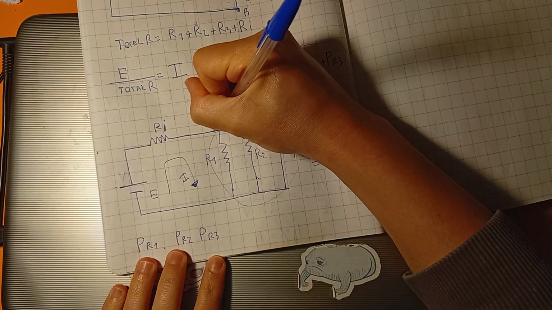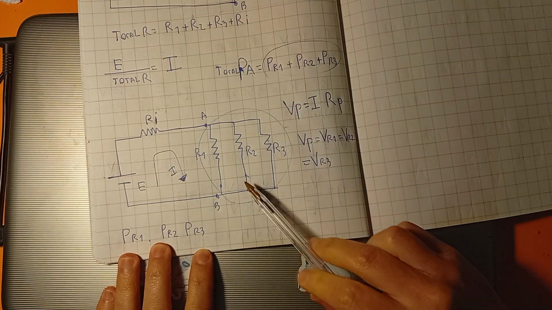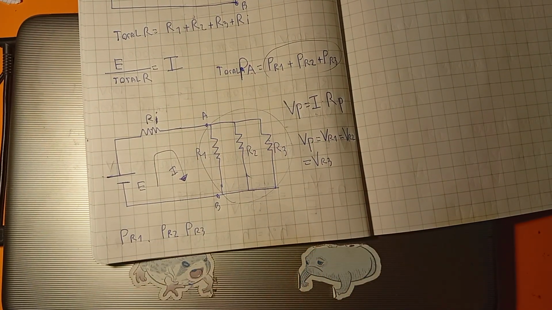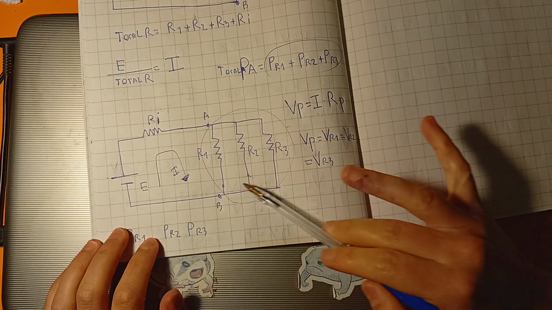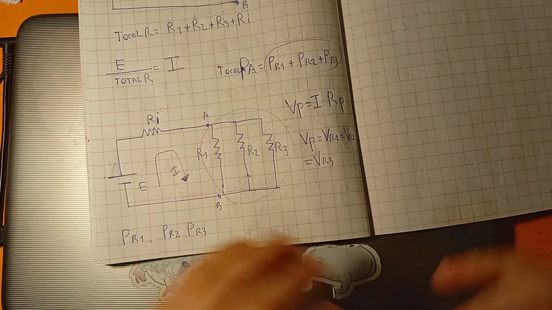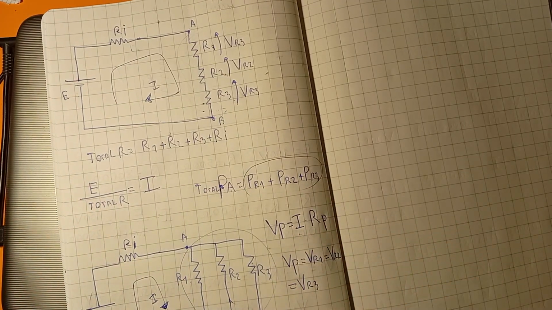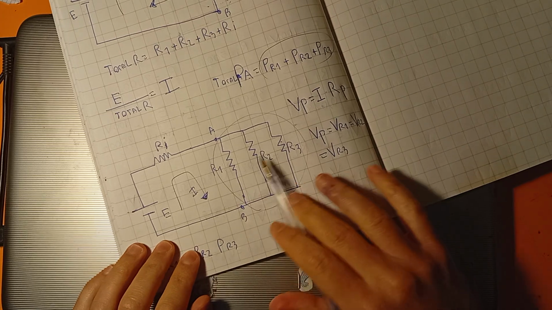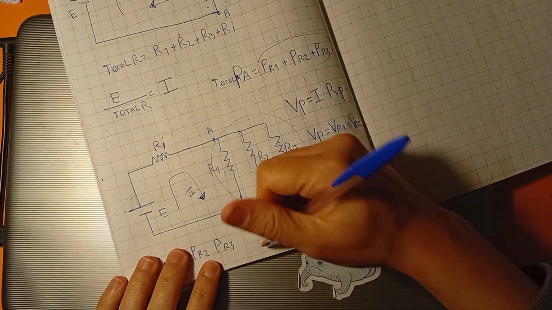So, since you calculated the power here, here, and here, what is the total absorbed power between these two points, A and B? Well, it is exactly like here, the same way. It doesn't matter if they are in parallel, you do it in the same way.